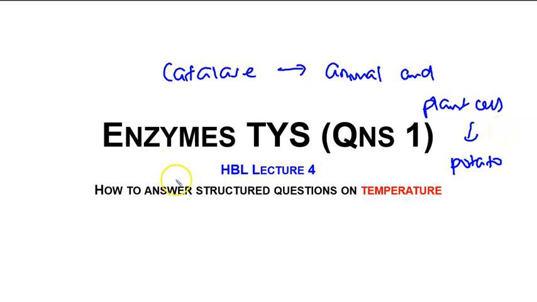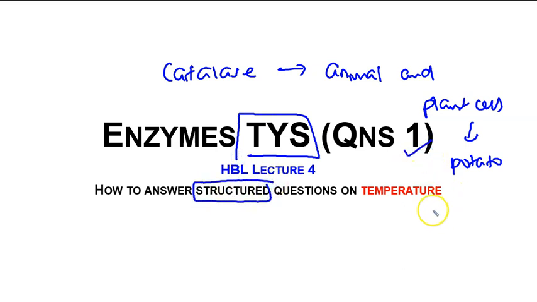So today I'm going to teach you how to answer your 10-year series question 1, a structured question asking about temperature. Now, all of you already know how and what and why an enzyme performs this way. It's all in your notes. But when you look at a structured question and you see so many blanks, you might be a little bit afraid.